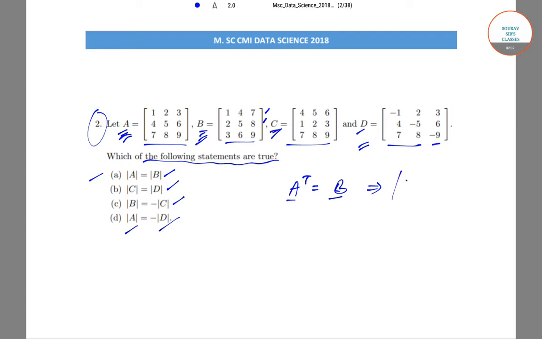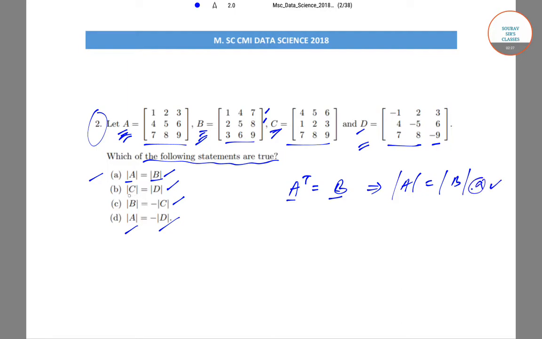So determinant of the matrix A will be equal to determinant of matrix B. So the first option, determinant of A is equal to determinant of B, so option A is correct.